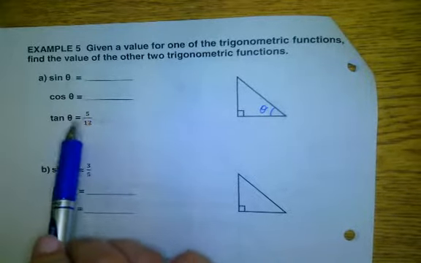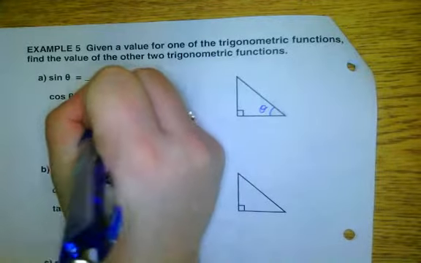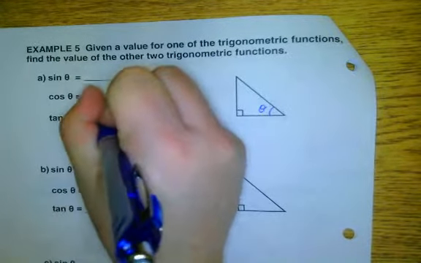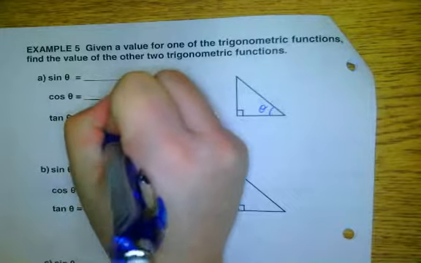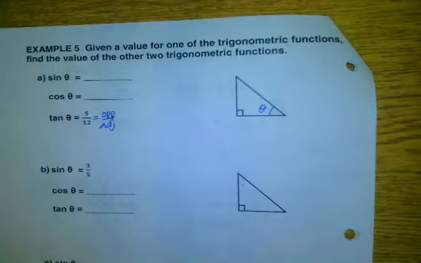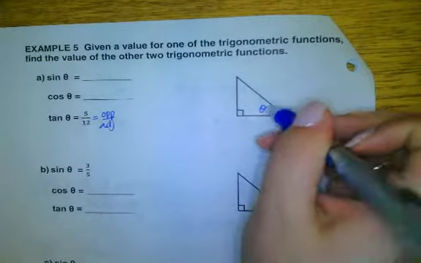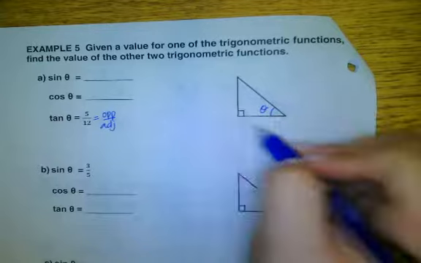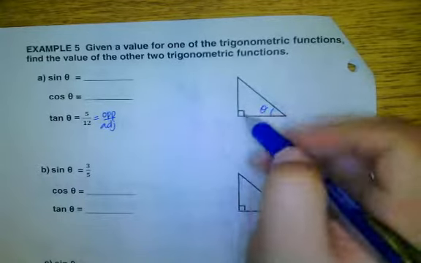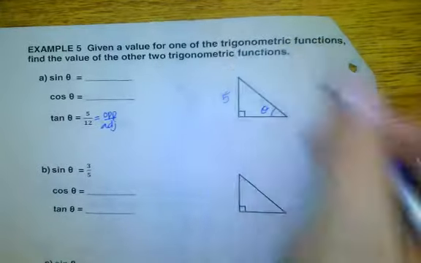Opposite over adjacent. So where is 5 going? Opposite, so here or here? A or B? A. Okay, so 5. Where is 12 going? Next to it.